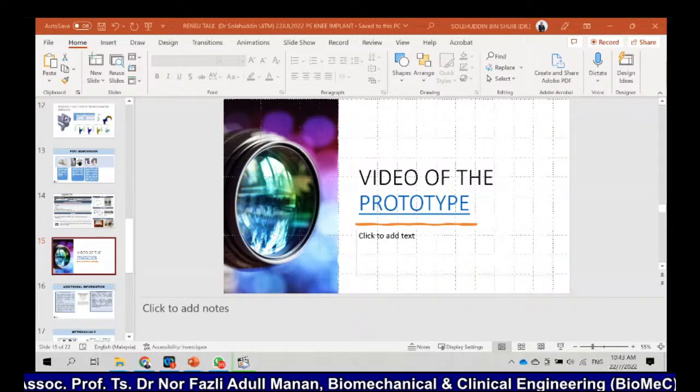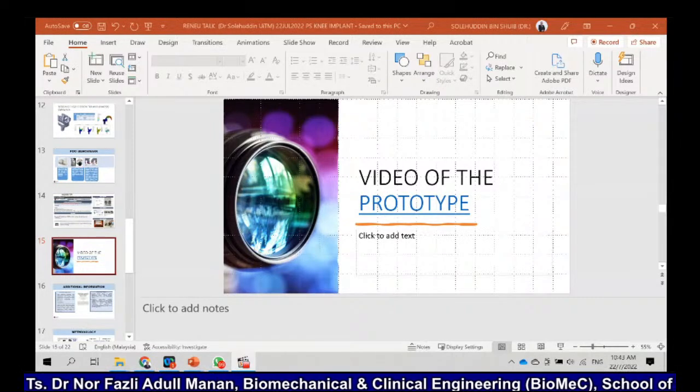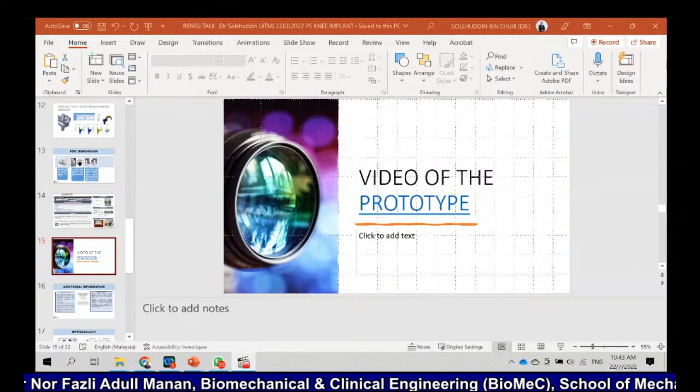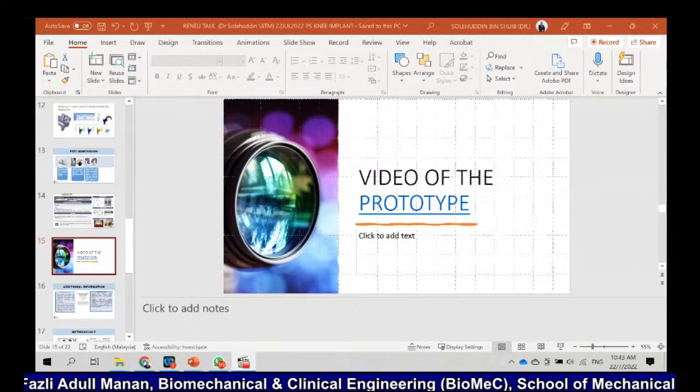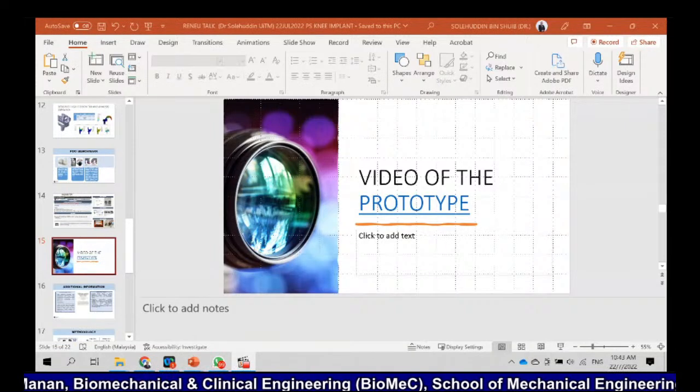Can you see anything? If it is not on screen, you just hear the audio. Okay, hold on, let me do the adjustment.